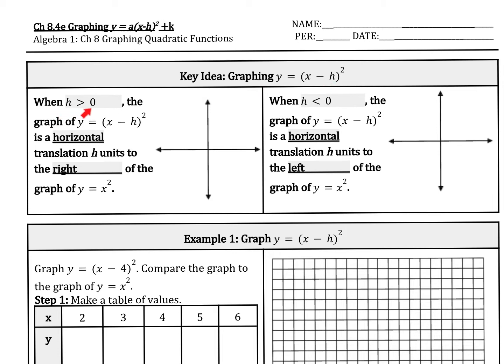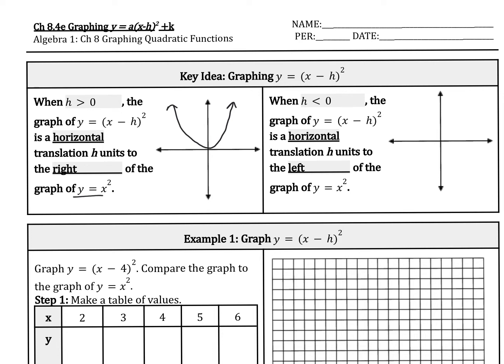When h is greater than 0, the graph of y equals (x minus h) squared is a horizontal translation h units to the right of the graph y equals x squared. So my regular graph always starts from (0, 0) and it's y equals x squared.